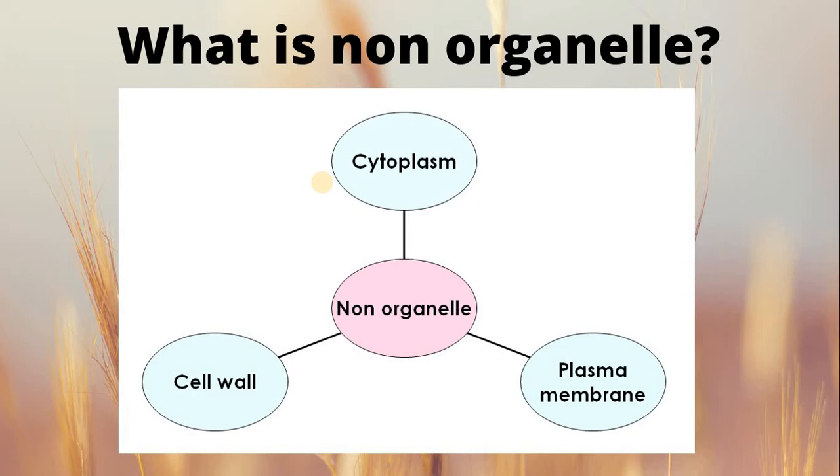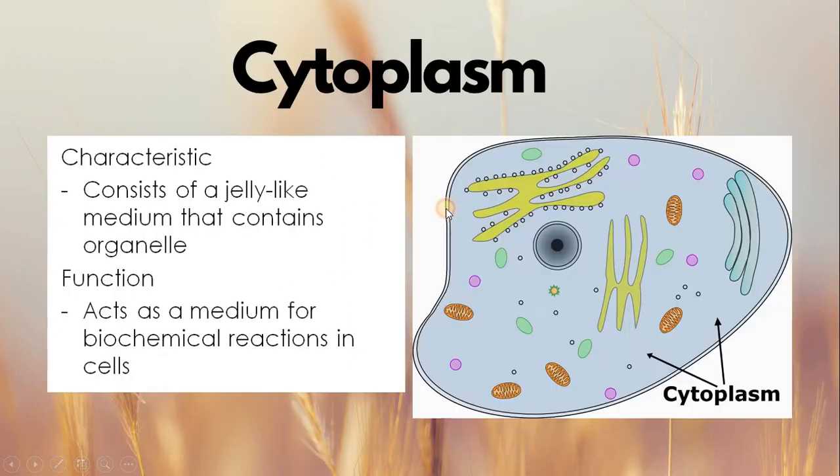So the rest of it are non-organelles, such as the cell wall. There are three components which are non-organelle: cell wall, plasma membrane, and cytoplasm.